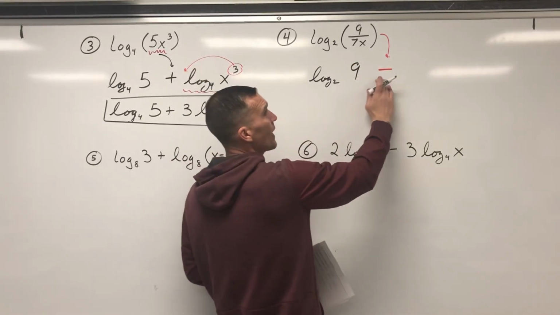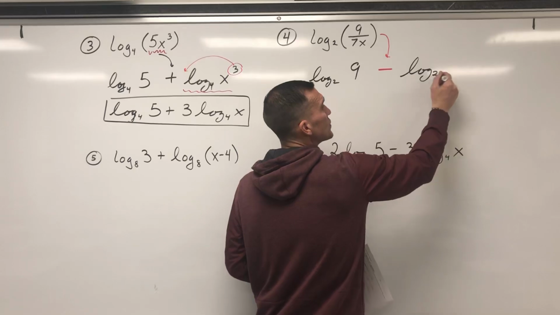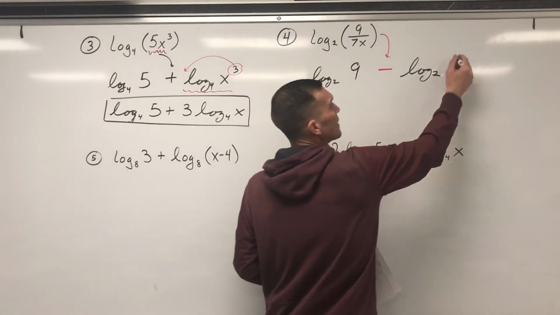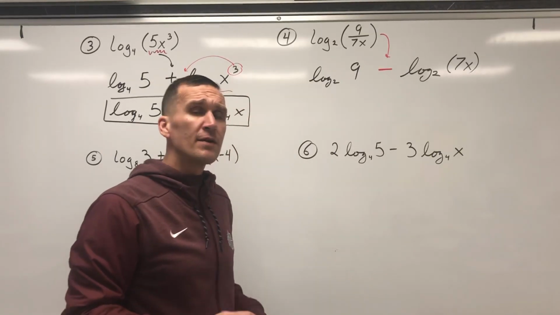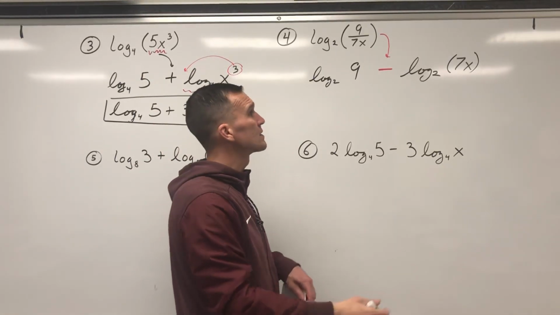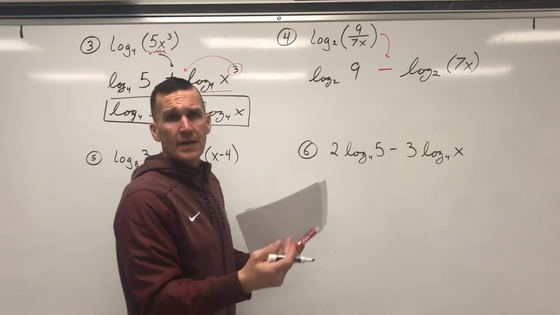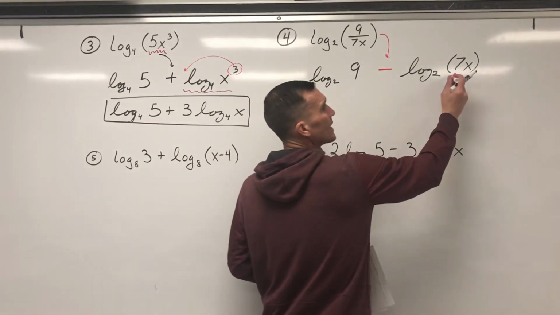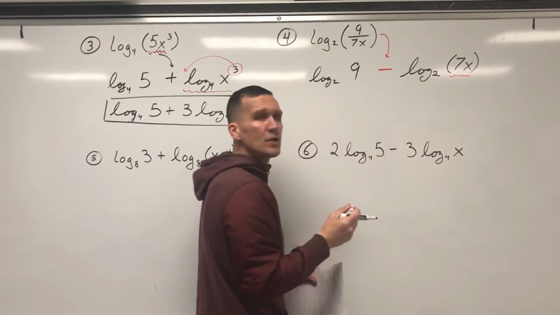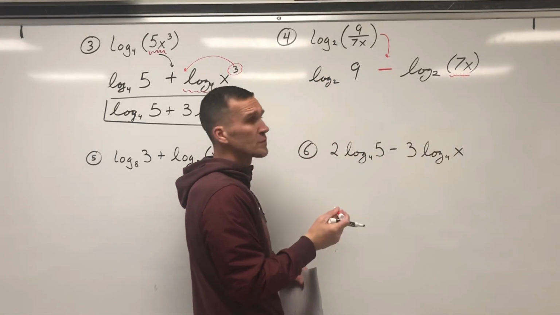And then I subtract log base 2 of the denominator, but I realize there's more than one thing in the denominator there. It's 7 times x. So even though I expanded as 1 step, I'm not done, because since there is a times problem right here, I can use the product property.